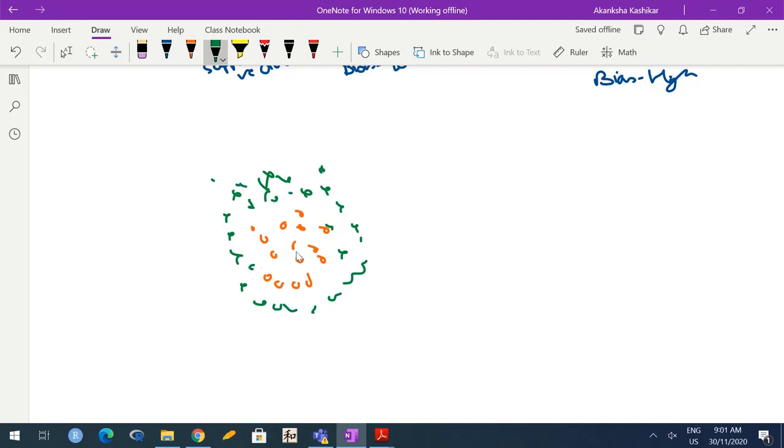Separation of such types of classes cannot be done satisfactorily via a linear boundary. So whatever line you draw, you're going to have many misclassifications.